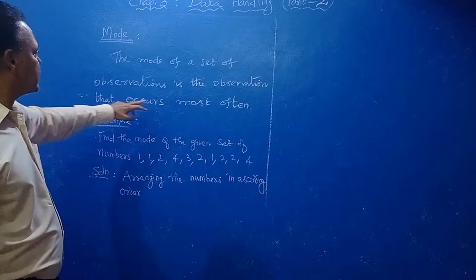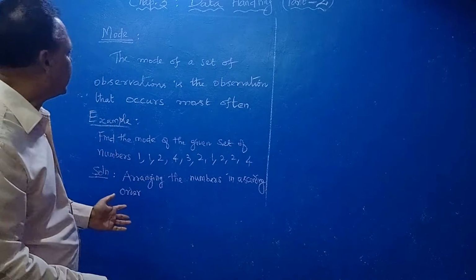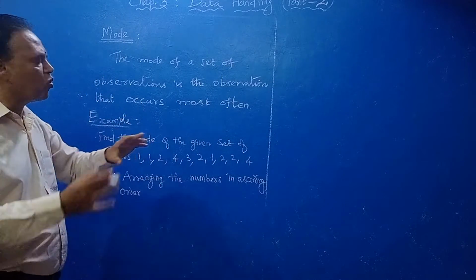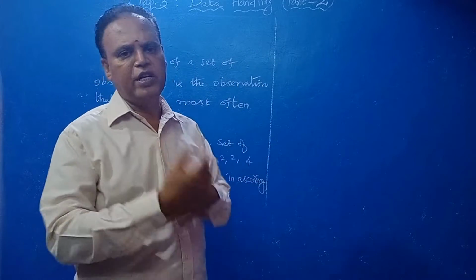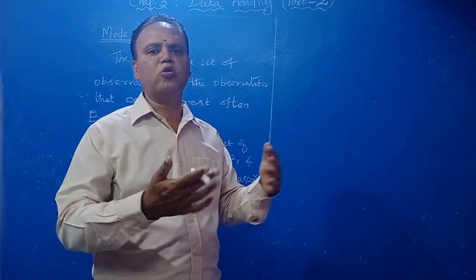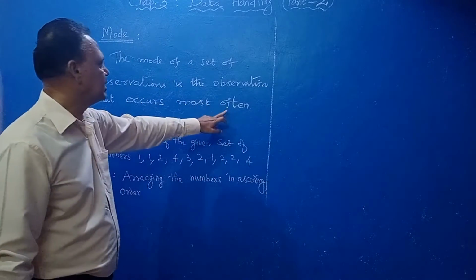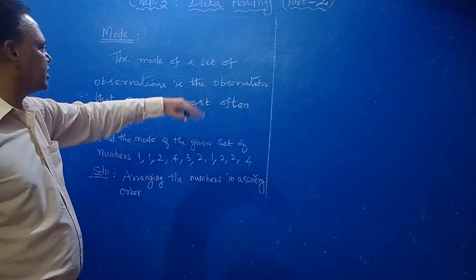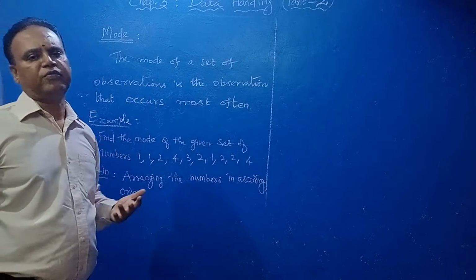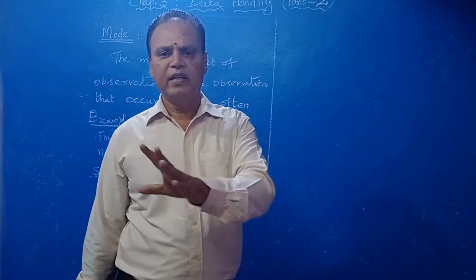The mode of a set of observations, that is one group of observations, is the observation that occurs most often. In that group, which data occurs most frequently, that is most often. Simply remember: most occurring data.